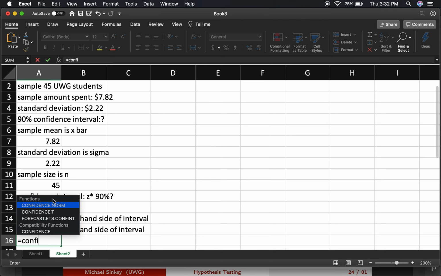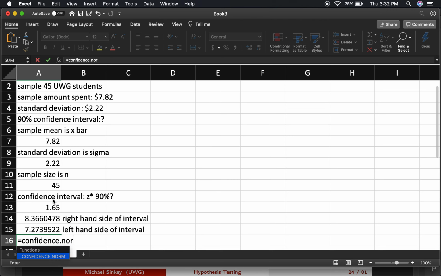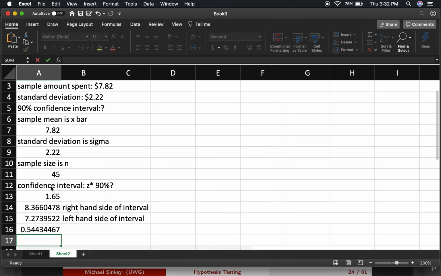Now Excel will do this for you. You can use confidence.norm. You use your alpha. Your alpha here, if you just click on it, alpha is how much probability you want left over. So you can do 0.1 for 90%, 0.05 for 95, and 0.01 for 99. The standard deviation is listed here. The sample size is listed here, and you hit enter.